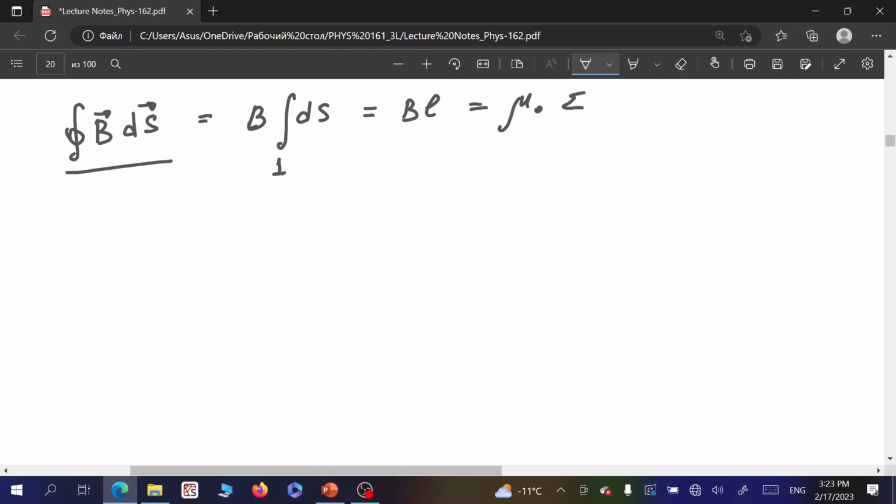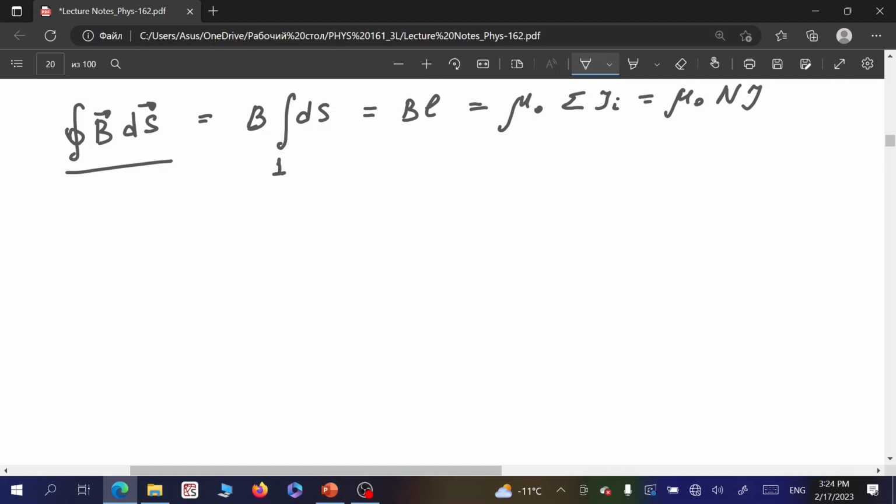So let's make it as a sum for all currents which are flowing through the area, and this will be mu naught times capital N times I. So I is the current which flows through the wire which forms the solenoid, and N stands for the number of turns per length of the closed loop which we consider. Like how many turns go through the area of the closed loop.